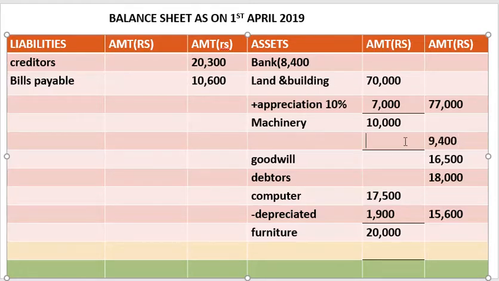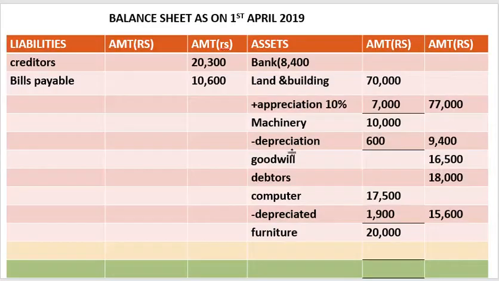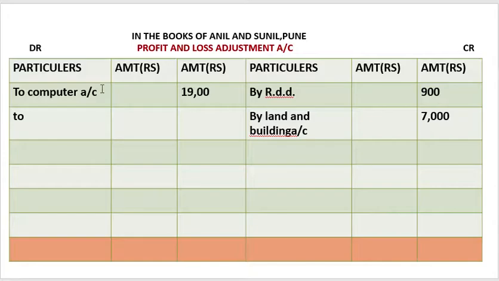So it means we get a depreciation of 600, minus. So this will go to machinery 600.